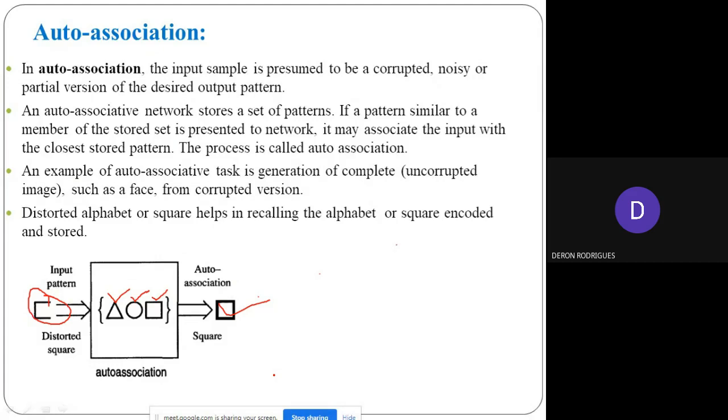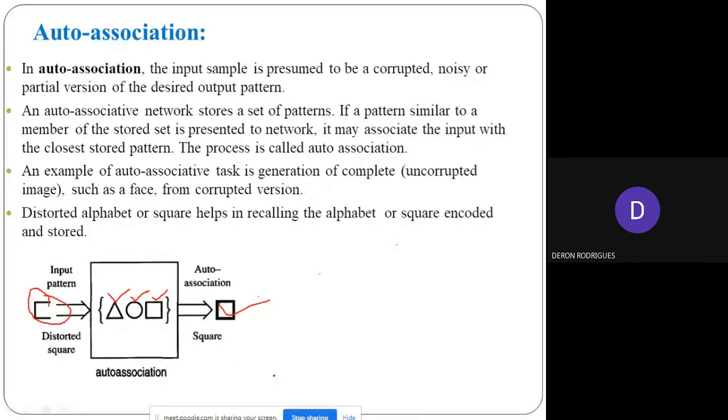Okay, so this auto association is very helpful for character recognition, because each person writes the alphabets in different ways. So I write A. Somebody's A will be a bigger one, somebody's A will be a smaller one, somebody's A will be tilted. The way you write A, B, C, D, even if they are all capital, each person will write in a different way.